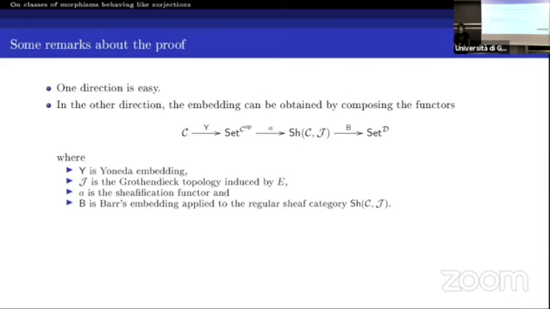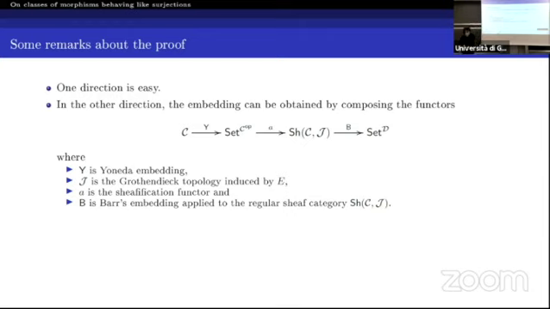And if the class E satisfies the condition for the full embedding theorem, you have that J, the topology, is subcanonical, and therefore AY is fully faithful. And so you get your fully faithful functor. And if E satisfies the condition for the conservative embedding theorem, then any presheaf will be a separated sheaf. And so AY will be conservative and faithful.